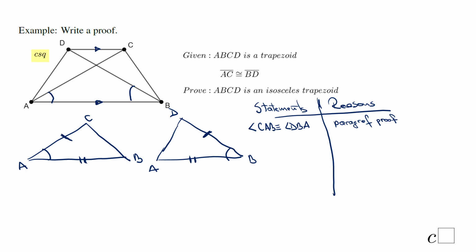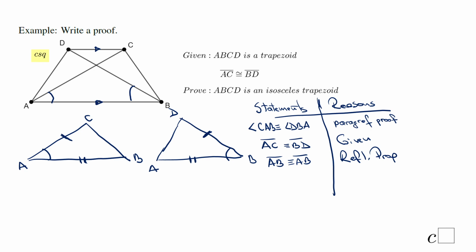Then we have AC congruent to BD, this was given. And then we have AB congruent to itself, reflexive property.